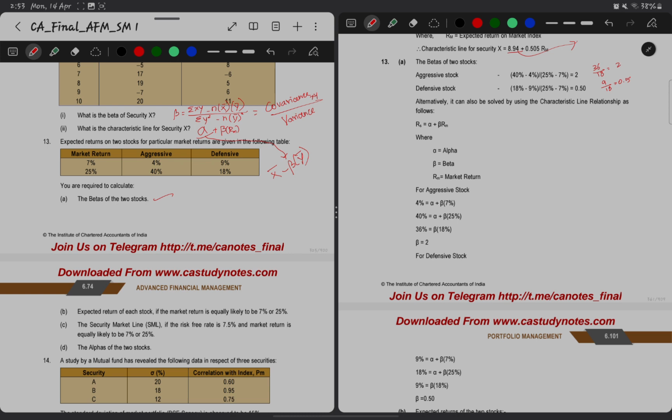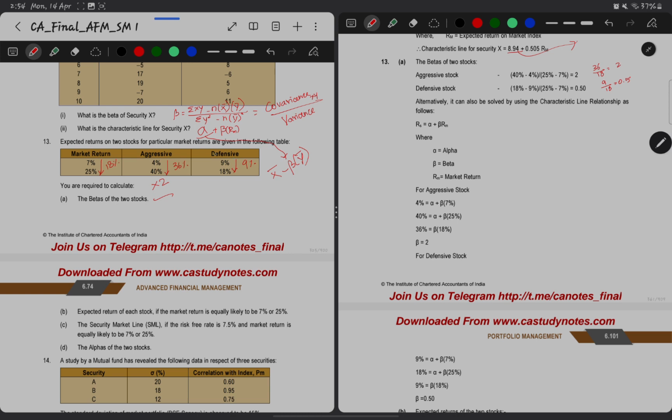As we can clearly see, the increase in the aggressive stock is 36%, the increase in market return is 18%, and the increase in defensive is 9%. If market return increases 18%, aggressive increases 36%, which is 2 times.